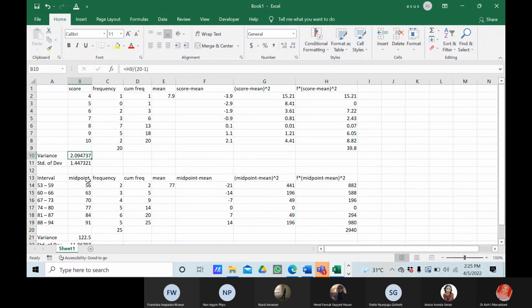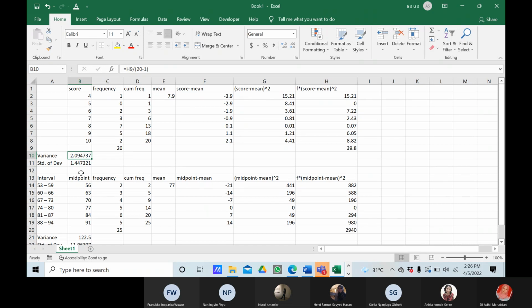Now, the second table will be the same. You can see that the presentation or the structure is the same between the first table and the second table, but the second table has the interval. The interval should be replaced by the midpoint, and the last calculation will be just the same as the first table.